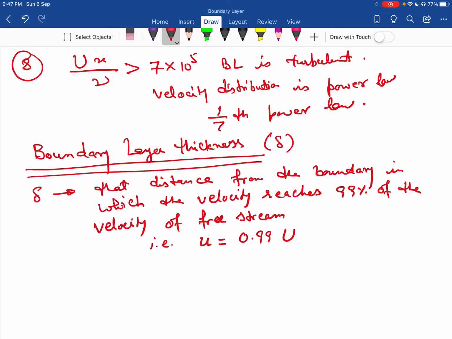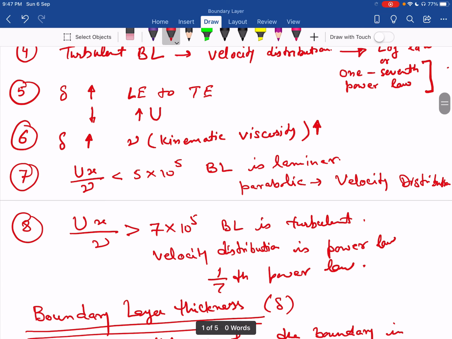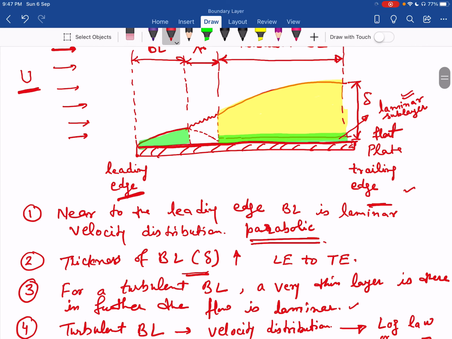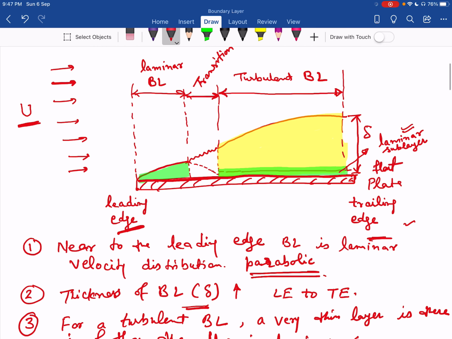Now what is the meaning of this? You can see here in this diagram. You have a plate, and some liquid is flowing above the plate.